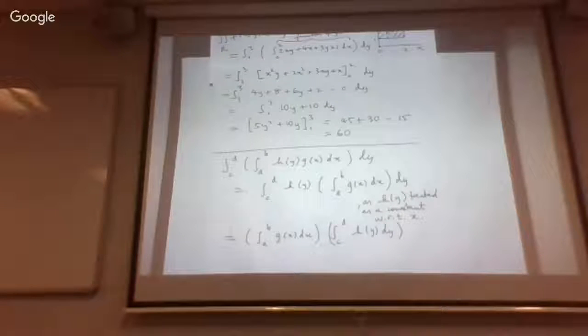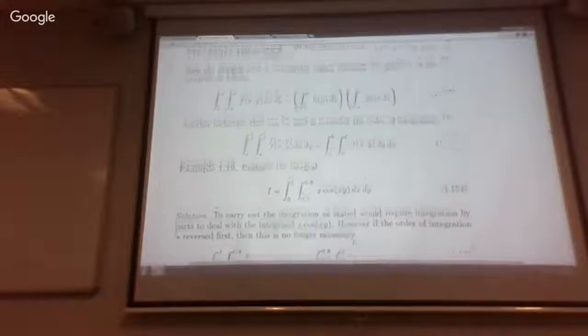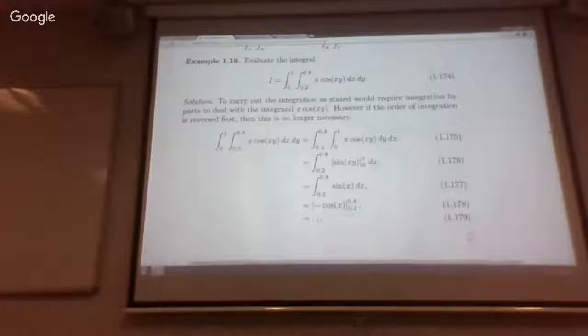And the last item to look at is an important evaluation technique called changing the order of integration. When you're integrating over rectangular regions, there is nothing to stop you. There's no God-given reason why x should be the inner integral and y the outer integral.